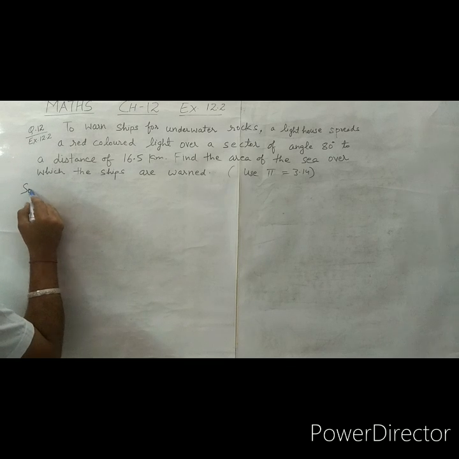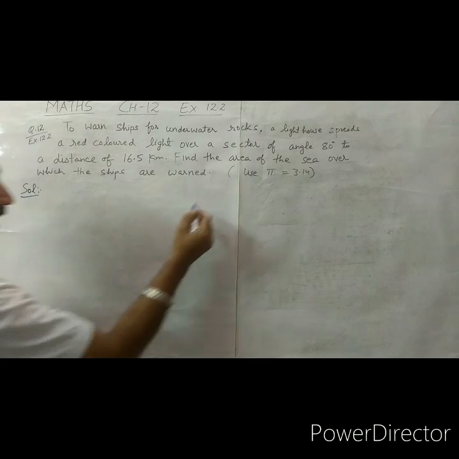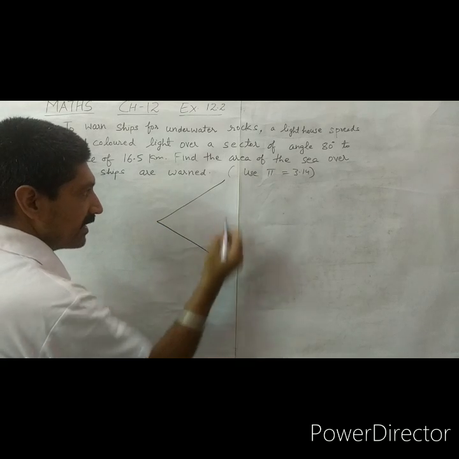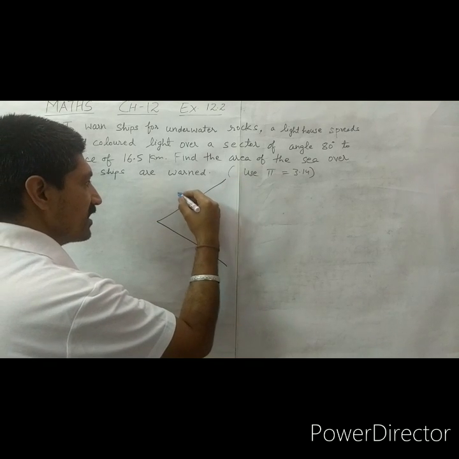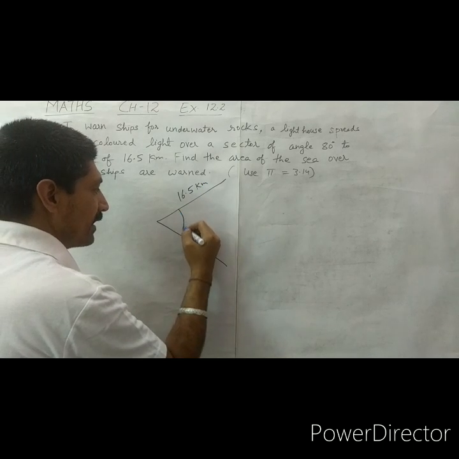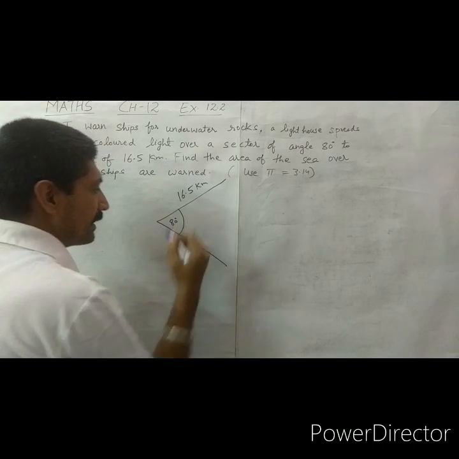So here in this question, let the angle subtended here be 80 degree and the distance here be 16.5 kilometer. This angle here is of 80 degree.